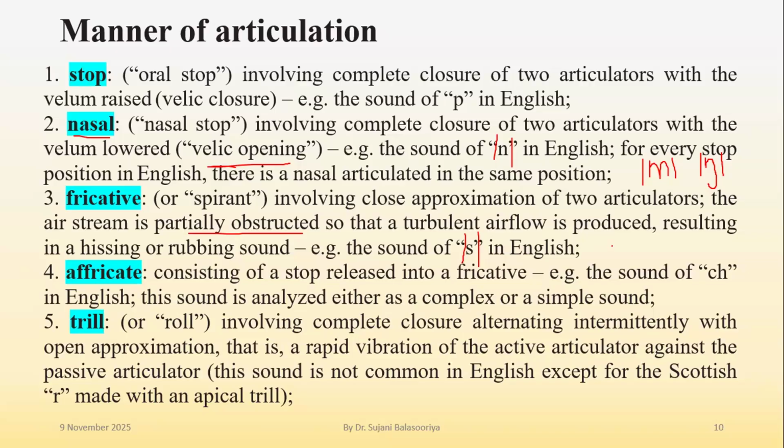S is one. Another fricative consonant is sh, right? And you have z. Also the sound in pleasure, measure, these consonants.